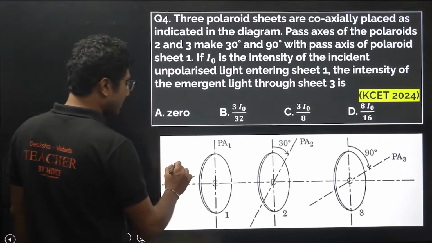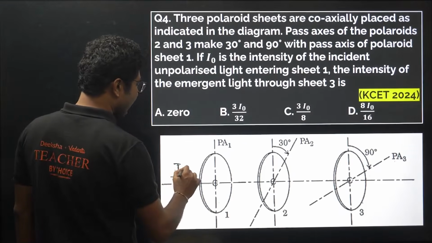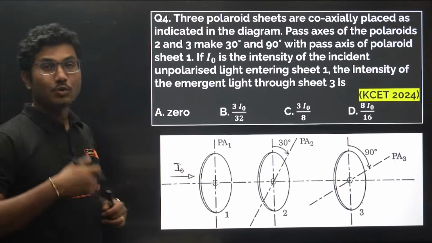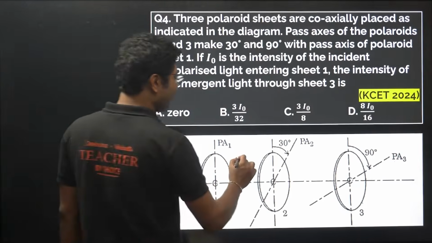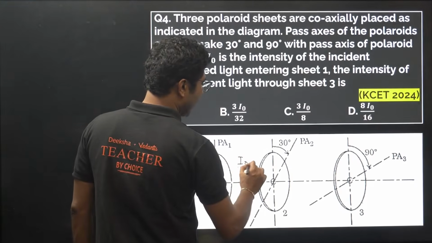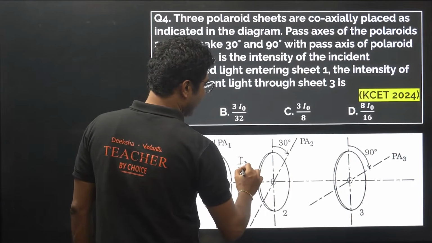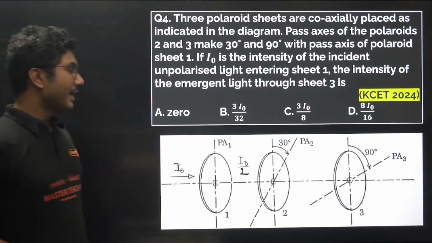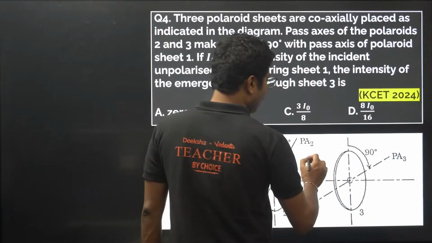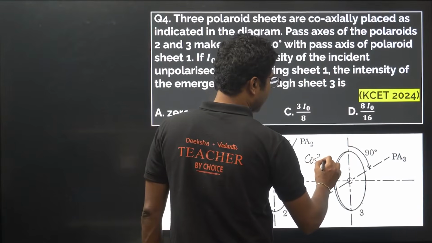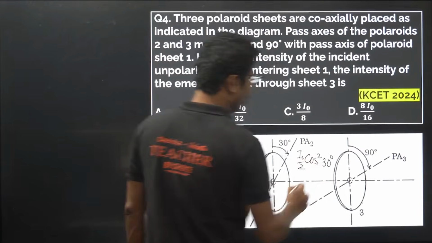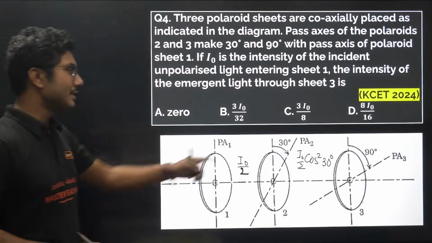So I0 is the unpolarized light which is entering sheet 1. When unpolarized light is polarized, its intensity just drops to half. So it will be I0 by 2. Next, it will be cos square 30 degree multiplied by I0 by 2, because it is from Malus law.